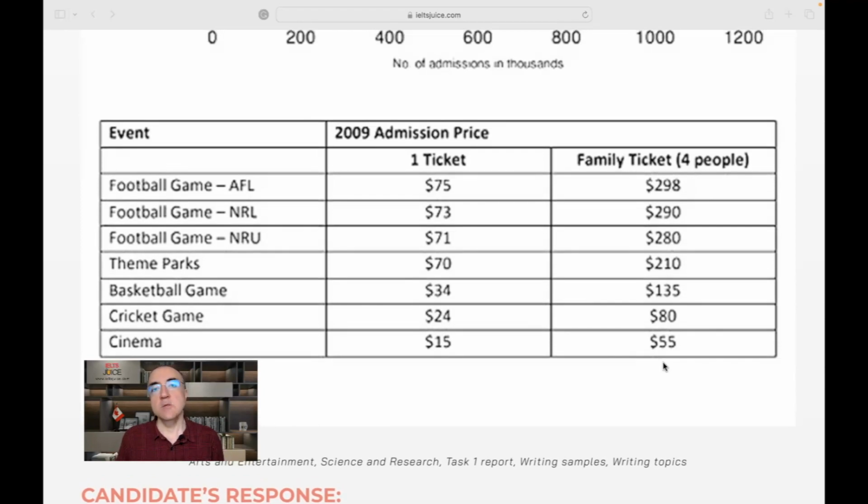One thing about tables, guys, is that tables give us very detailed information, exact numbers, and that is important. That's number one. But at the same time, the way you move around in a table is completely yours to decide.